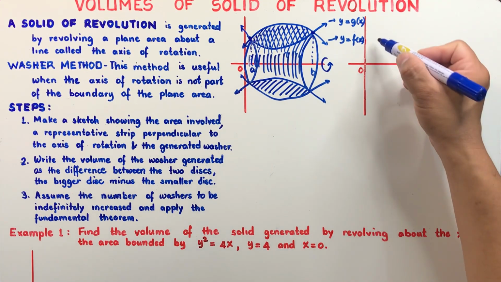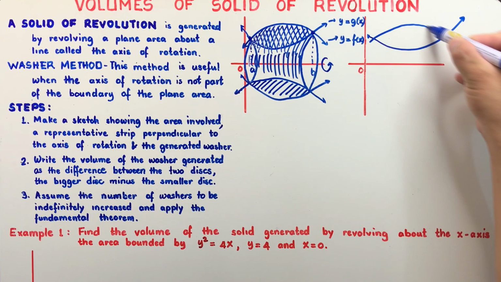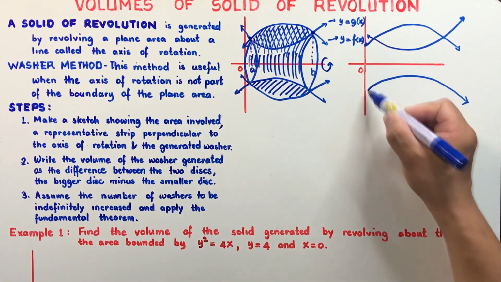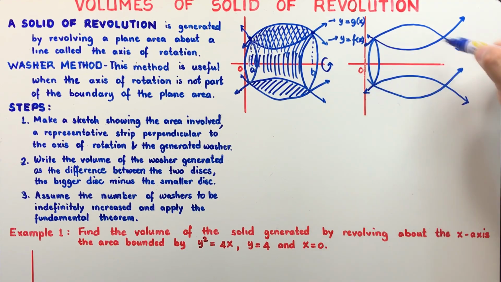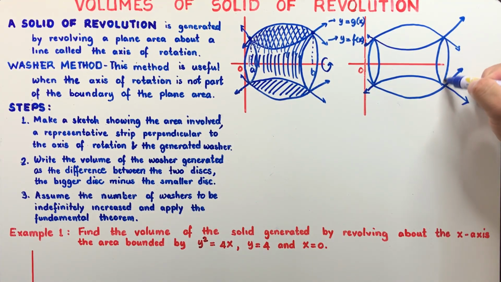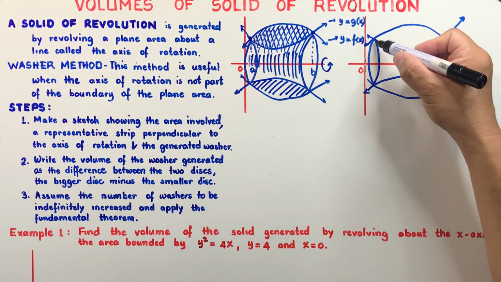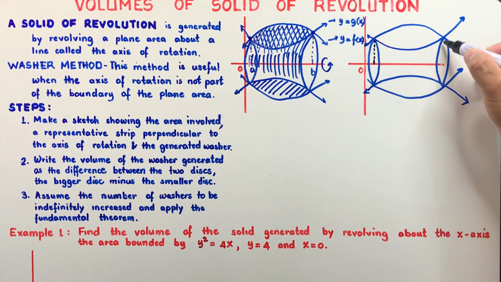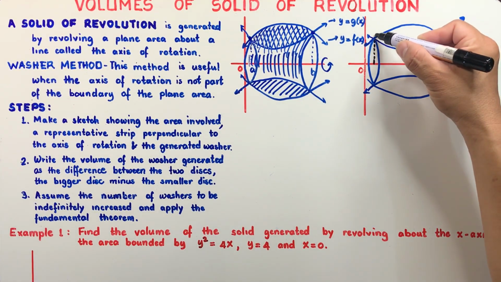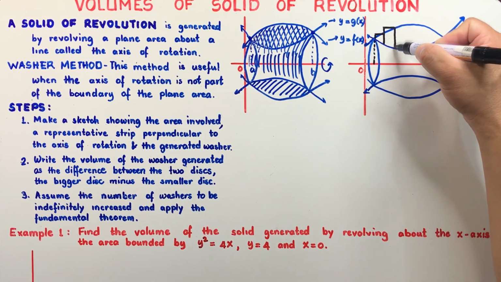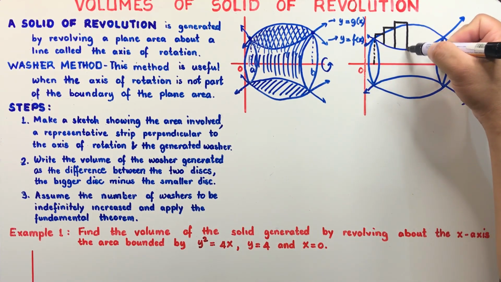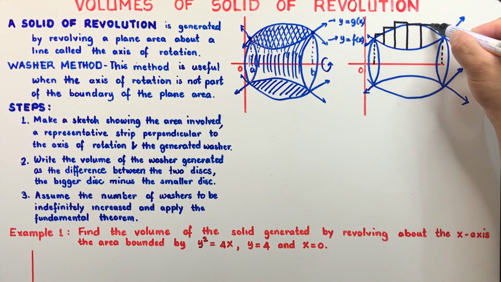So to find the volume, allow me to draw the same figure here. This is now the solid that we want to find. Now remember that this solid is generated by this plane area, but this plane area is approximated by these approximating rectangles.